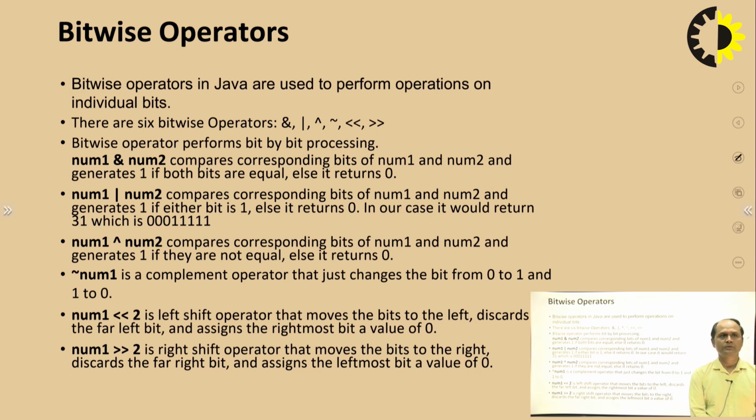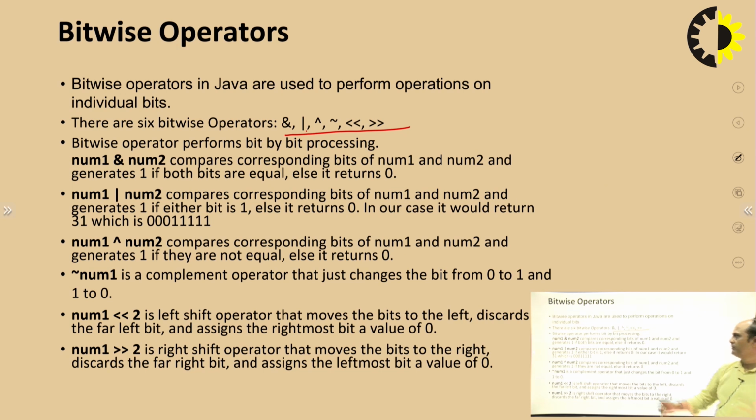We can use these operators for bitwise operations: single AND, single OR, negation, less than or equal to, greater than or equal to. These are the operators we can use for the purpose of performing bit operations.